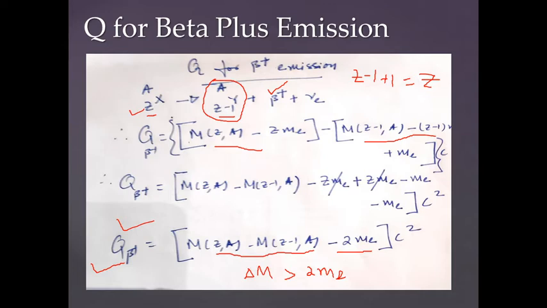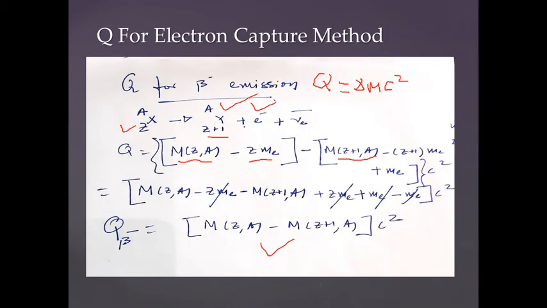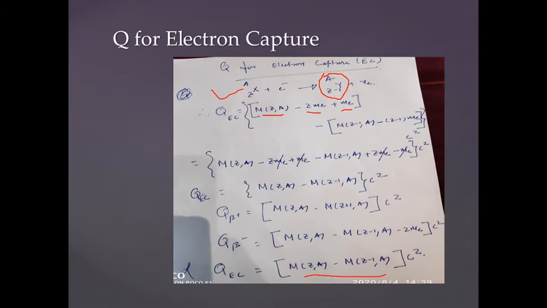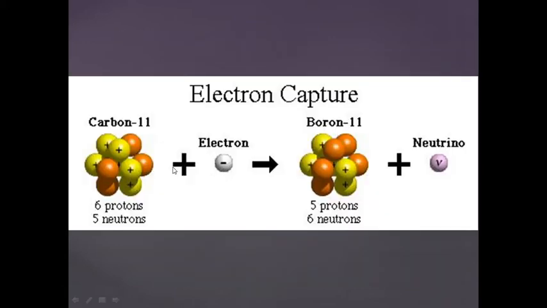But if the energy is less than 2me, delta m is less than 2me, then dear students, it is only this reaction, electron capture, that is a possibility if it is getting converted into a daughter. If this mass minus this mass is less than 2me, then only this is possible, electron capture. Right. You can see this here in electron capture.